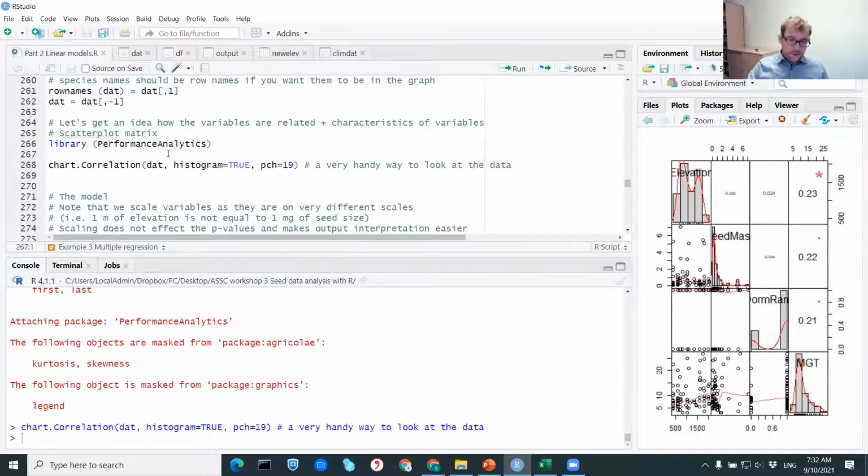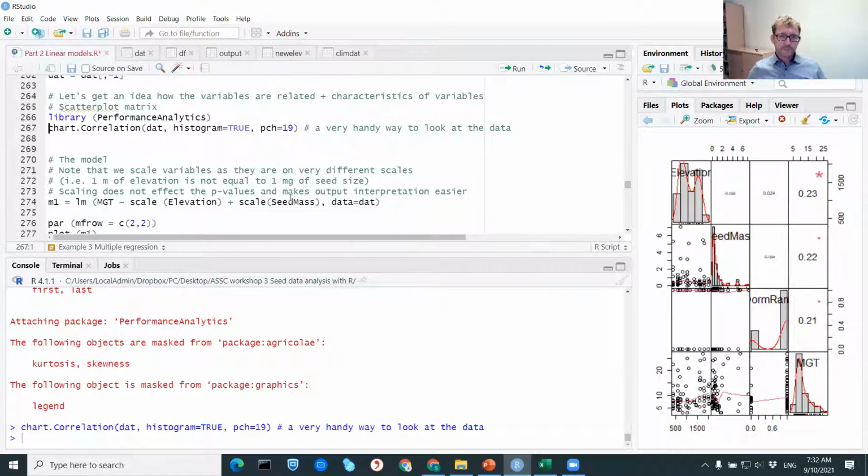Right, now let's specify the model. I forgot to add another variable here, dormancy. So, 2 important things. First of all, this is a multiple regression.